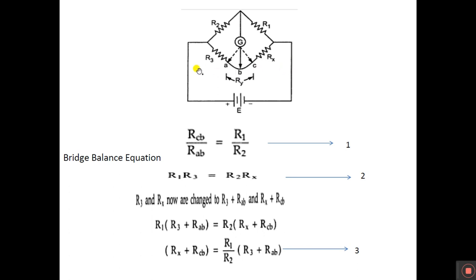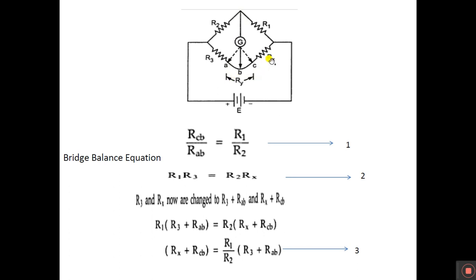Right? So here the galvanometer can be connected to either terminal A, B or terminal C. Okay, when the galvanometer is connected to A, the lead resistance Ry gets added with Rx.